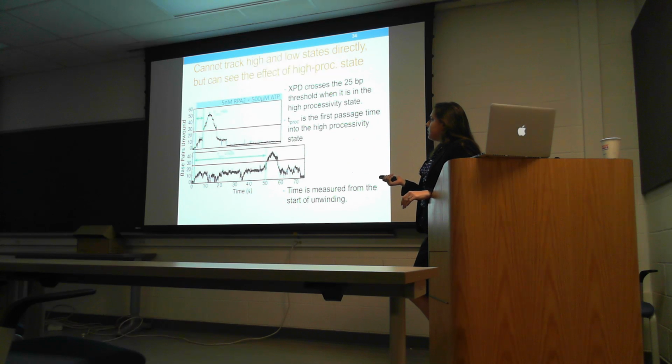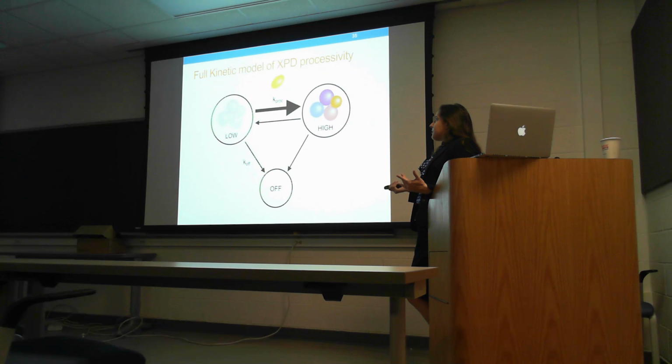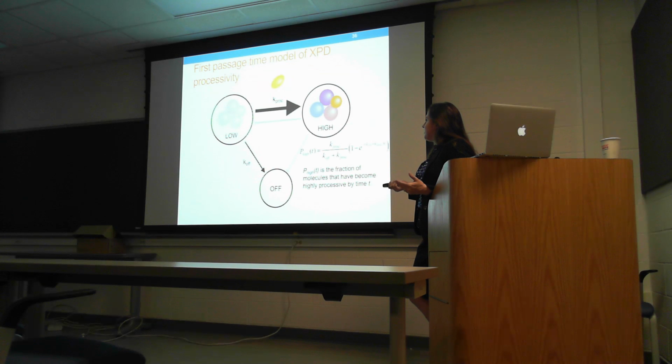If we look at a first passage time for how long it takes a molecule of XPD to reach 25 base pairs, that's going to vary between molecules and also with the concentration of RPA. We measure that time from the start of unwinding. So a first passage time model would look like this.